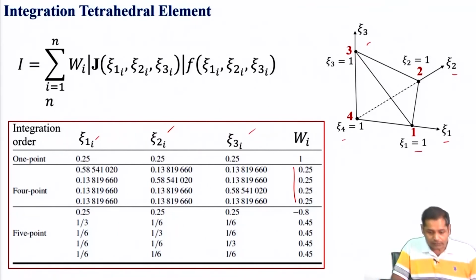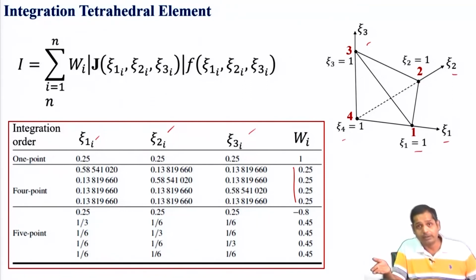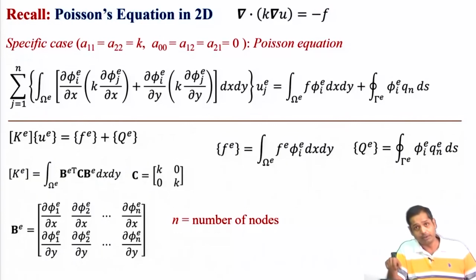Now, once we know the integration, let us take one example: the heat conduction example. Take the governing equation and see what the finite element form of that governing equation will be, the element level equation, in the case of a 3-dimensional problem.